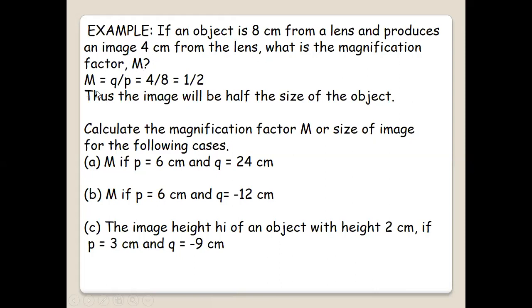So what is the magnification? Magnification is equal to 1 upon 2. Magnification 1 upon 2 means that the size of the image is less than the object because it is less than 1, and 1 upon 2 means that the image size is half of the size of the object.